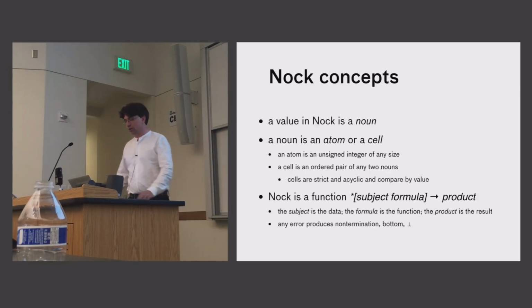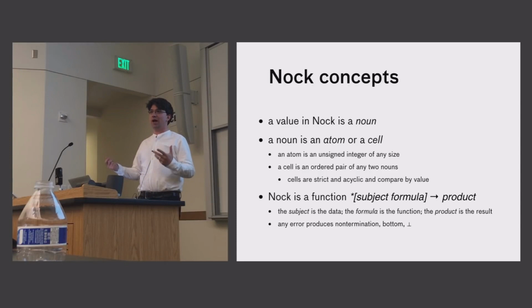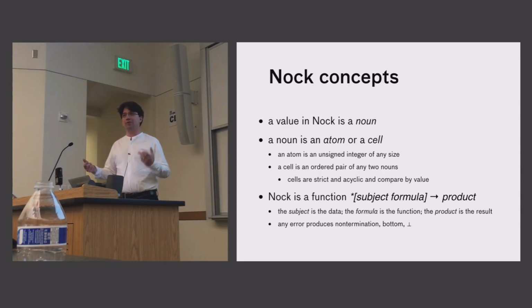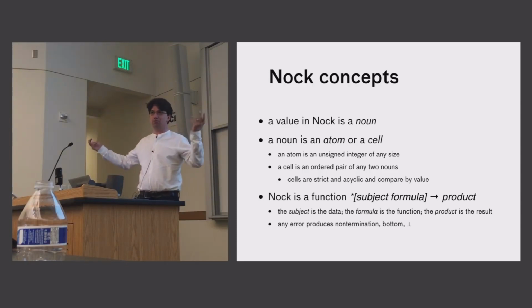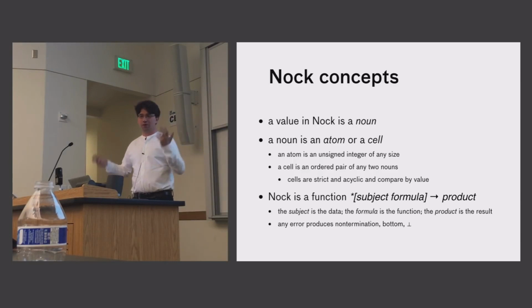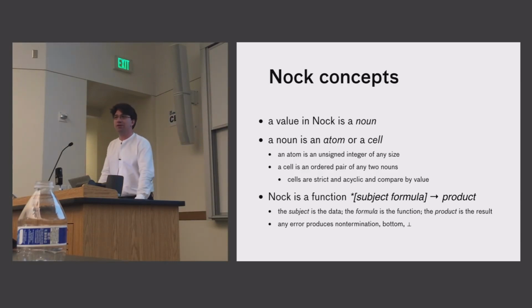So, concepts in Nock, quick. A value in Nock is a noun. A noun is basically our version of S-expressions, without the S, because all that stuff has been stripped off. Lisp has almost a dynamic type system for atoms, which you need if you don't have another type system on top of it, because how do you print an atom? If you have a type system, it will tell you how to print the atom.